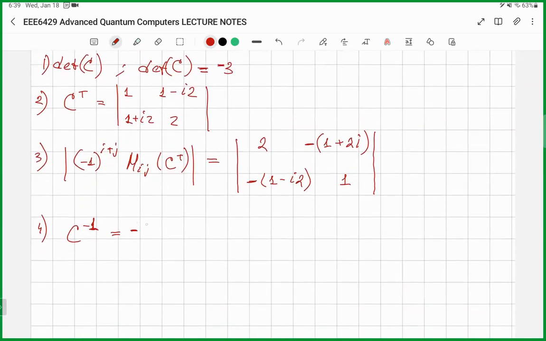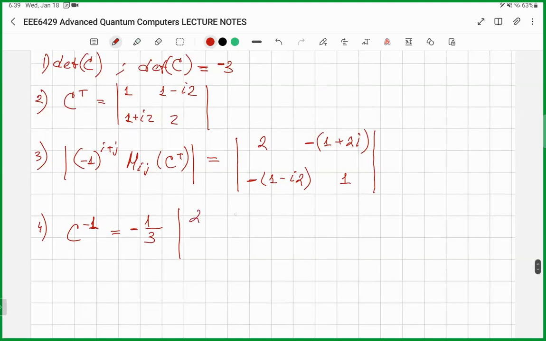So it is minus 1 over 3 times this matrix of minors: 2, minus 1 plus 2i, minus 1 minus 2i, and 1. Okay, so this is the answer.